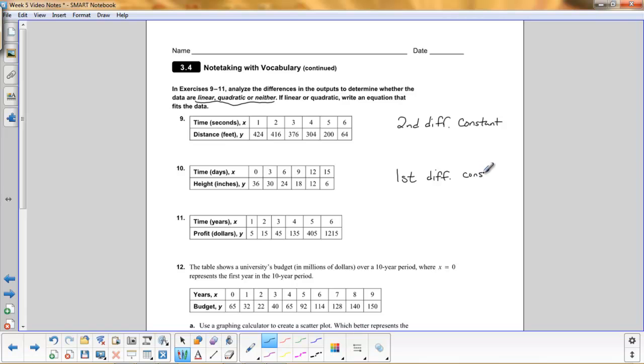All right, and if it's a linear set of data, then you're looking at the first difference being constant. And then if it's neither, then you're not going to see either of these two things, but I want to take it a step further, and I want to talk about exponential regression, and that being a common ratio, because that's something we're going to see.